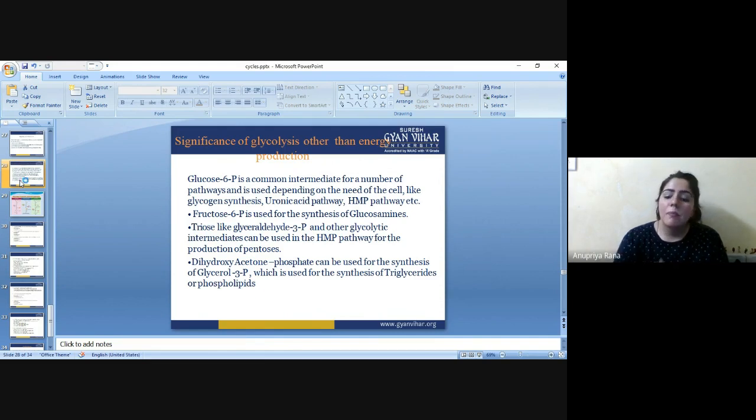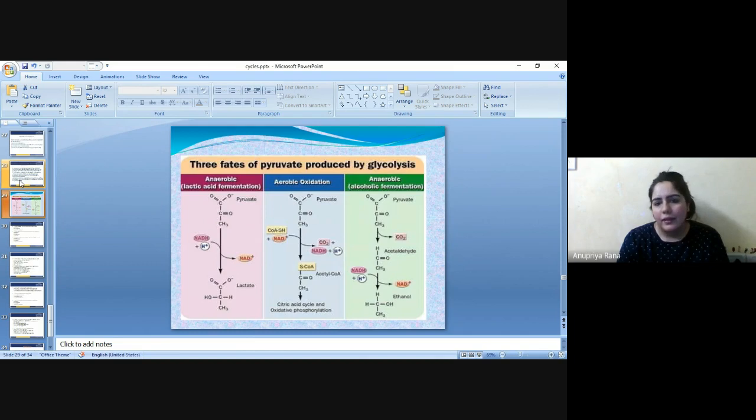So there are several pathways in which the product, byproduct, or intermediate of glycolysis can help activate their roles. There are also three fates of pyruvate produced by glycolysis. Pyruvate, the final product of glycolysis, can do lactic acid formation in anaerobic conditions.